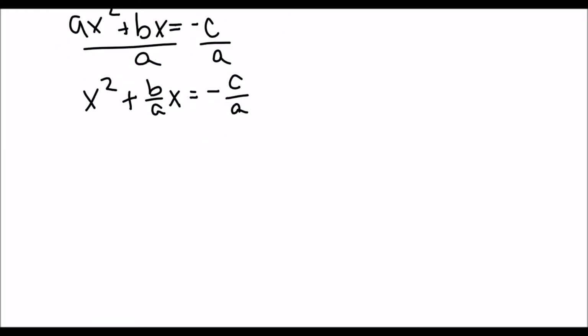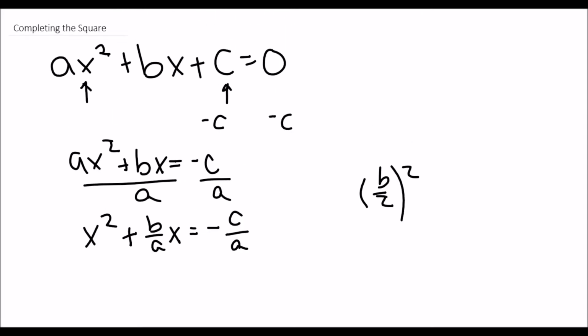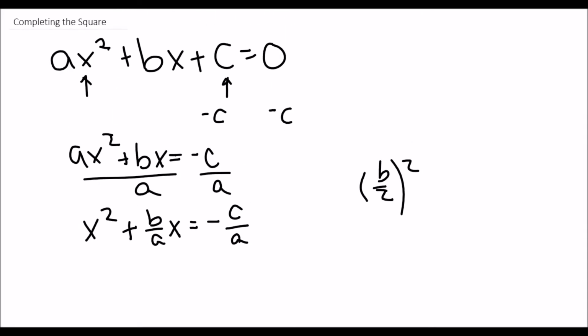From there, we're going to do a little bit of manipulating. What we want to do is get b over 2 squared. When we talk about b over 2 squared, we're talking about that first term, the term we want to use as b in this equation.